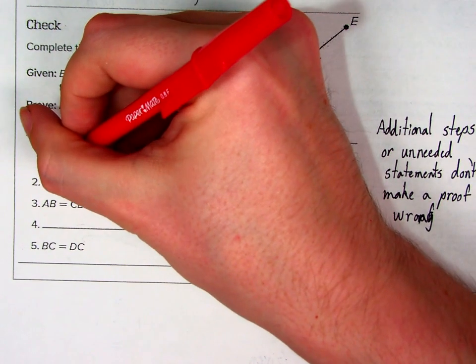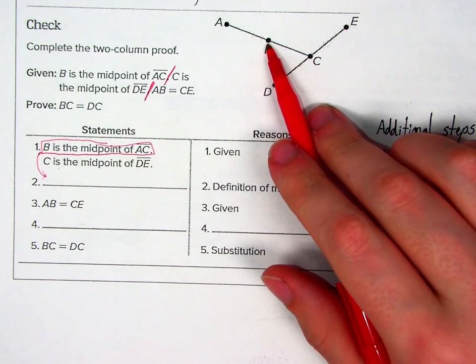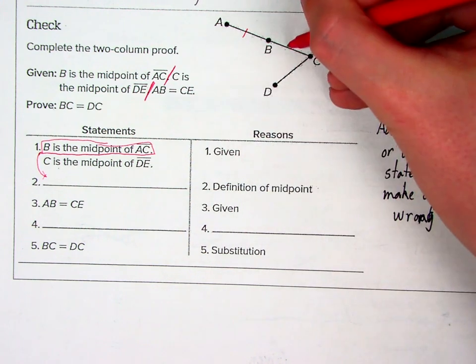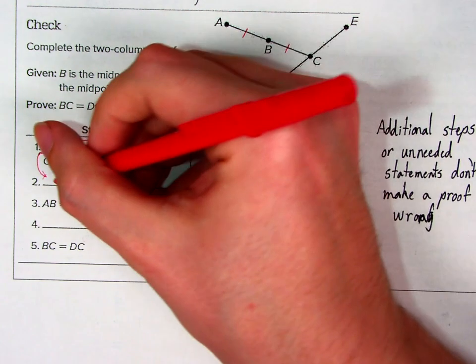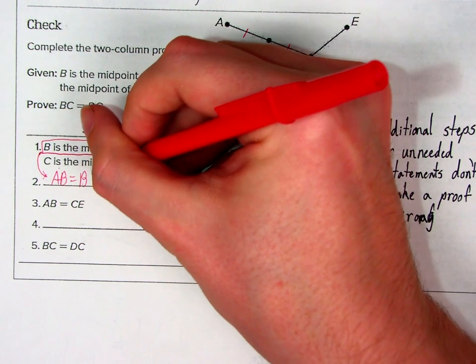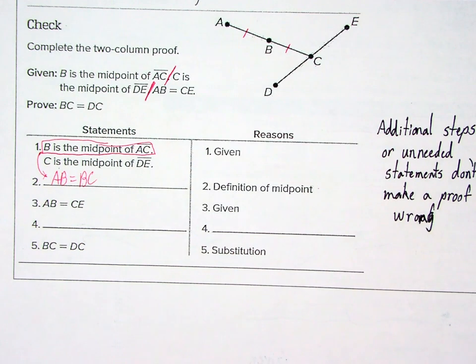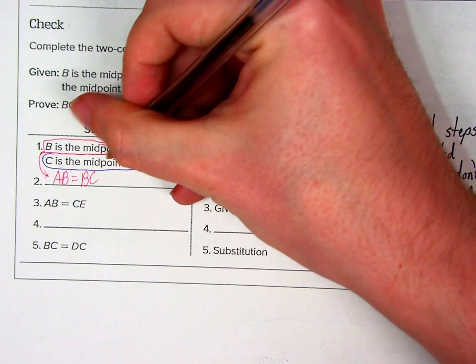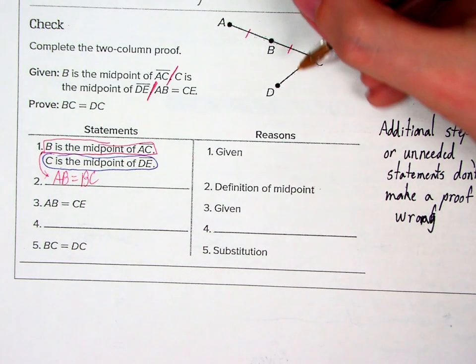Well, we can say, since B is in the middle of AC, either side has the same length. We can say AB equals BC. We can do something similar with the other part. C is the midpoint of DE.